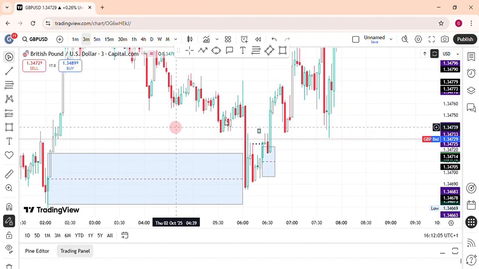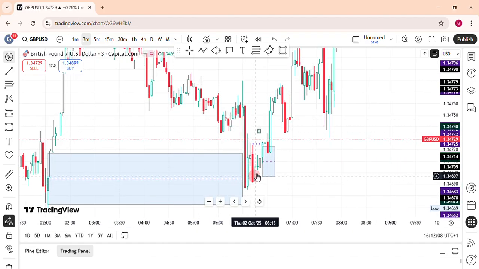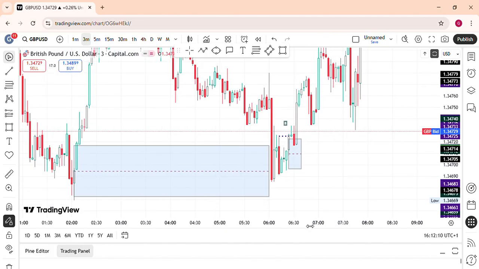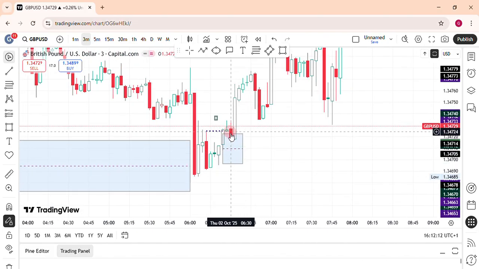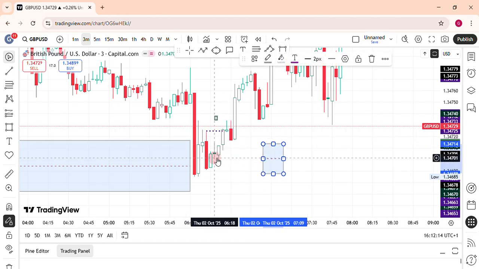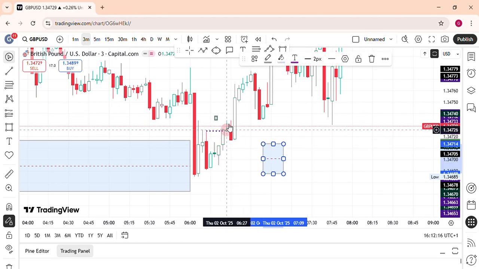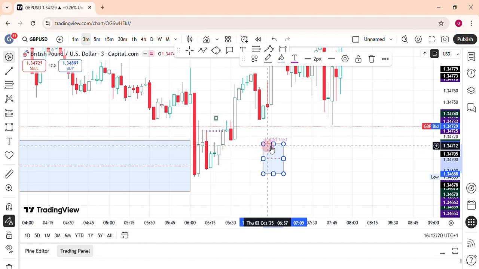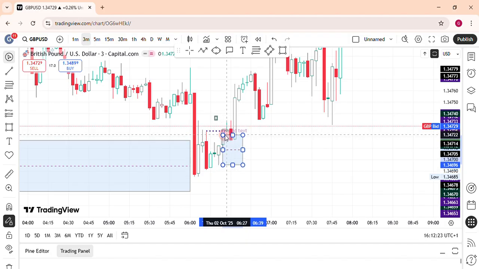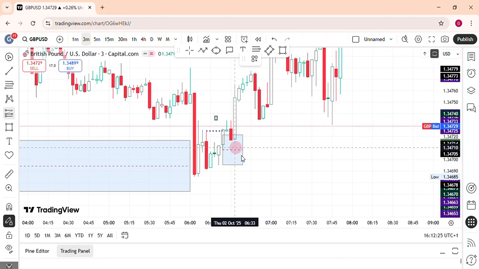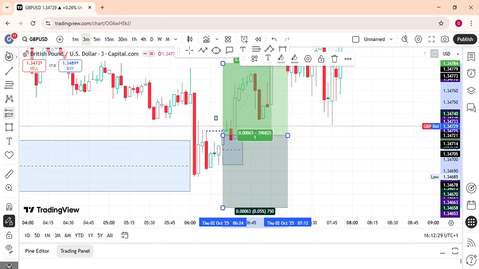Price comes to tap off from it and created for us a break of market structure, and alongside a fair value gap here. This is where we take our entry. So like so, long position here, our entry at the fair value gap there.